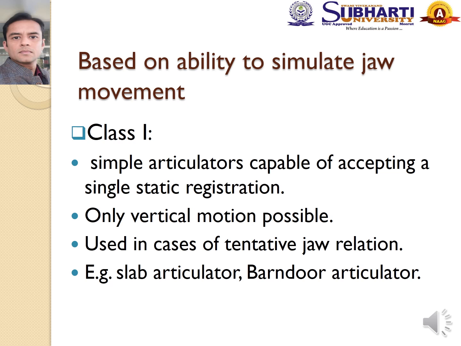So these are the articulators which can attach the maxillary and the mandibular cast, or which can simulate relationship only in one axis, that is vertical, that is opening and closing. The examples are slab articulator, Bonwill articulator, or the common name is dog bite articulator, only opening and closing, that's all. No lateral, no protrusive, no retrusive.